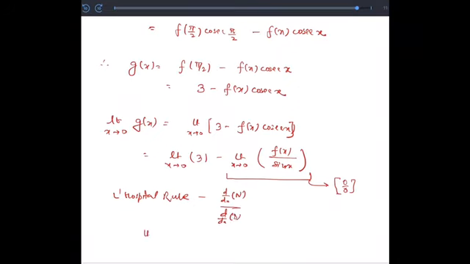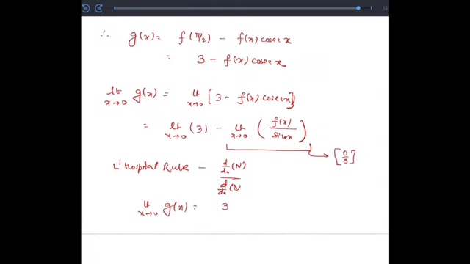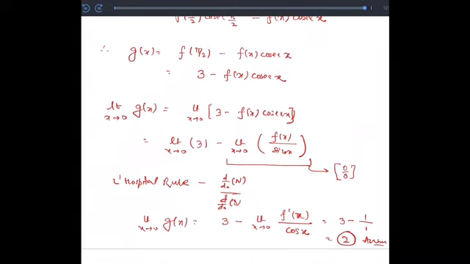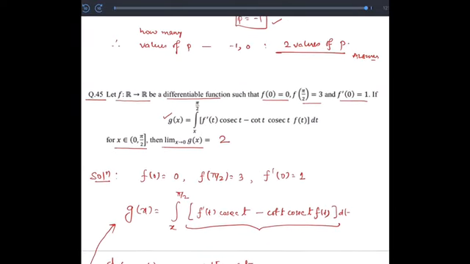So limit x tends to 0 of g of x will become 3 minus limit x tends to 0 of f dash of x divided by cos of x. So this is 3 minus 1 by 1, which is 2, and this is the answer. Hence for question number 45 the answer is 2.